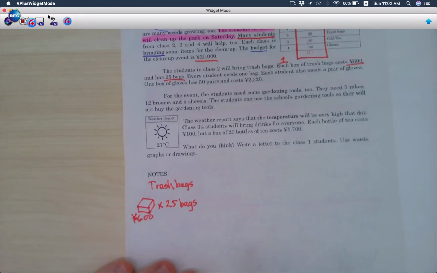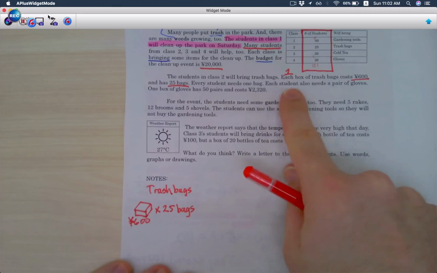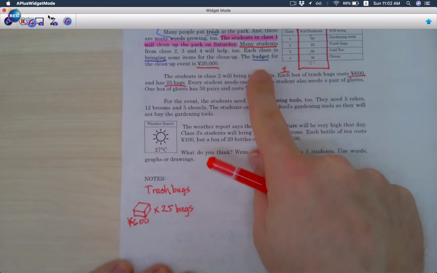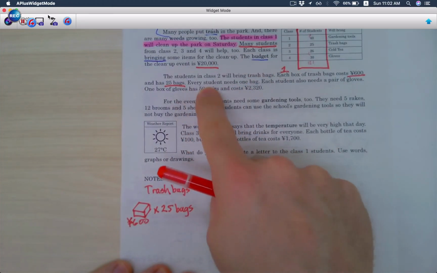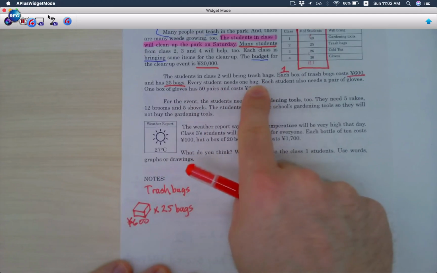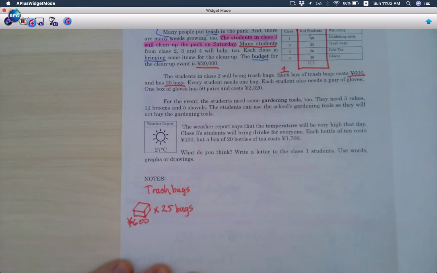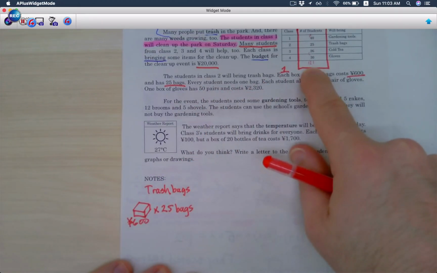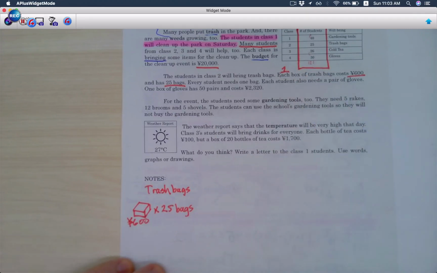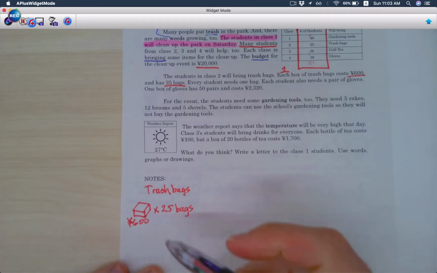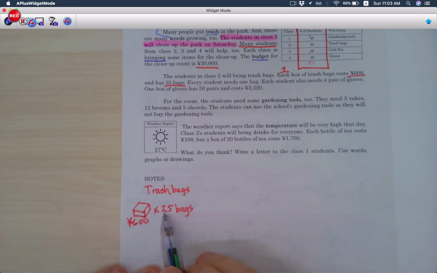Now, it says every student needs one bag. So that means I need to have at least 121 bags. So if I buy 4 boxes, I get 100 bags. That's not enough.